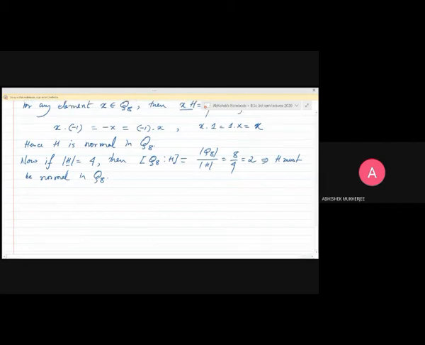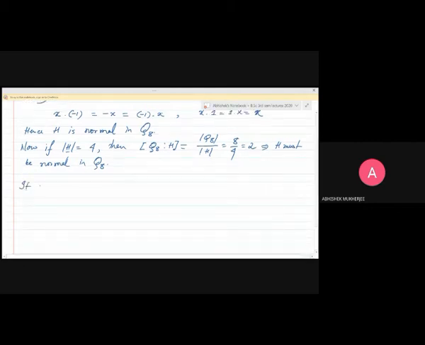And for the last case, if the order of H equals 8, then H must be equal to the whole group Q8, and hence H must be normal in Q8, right?